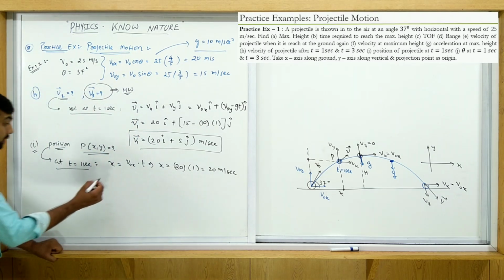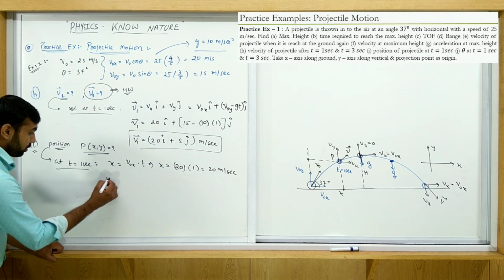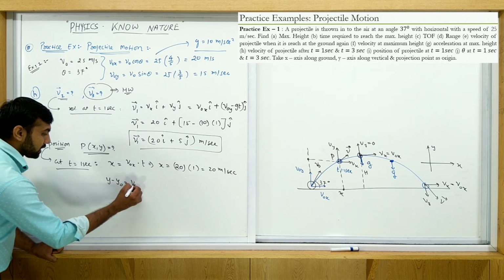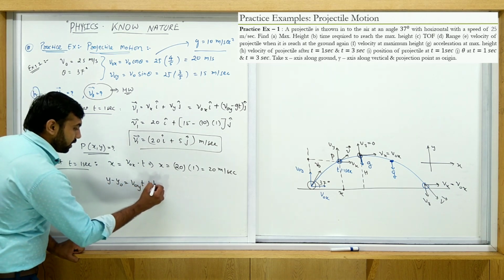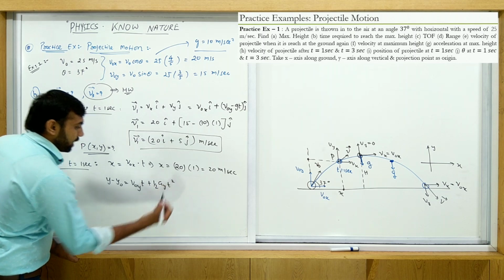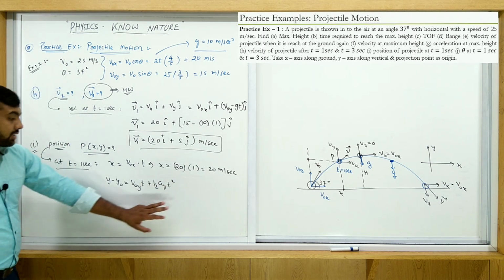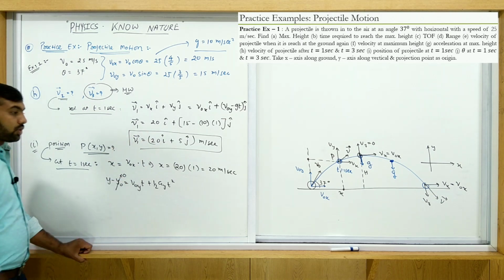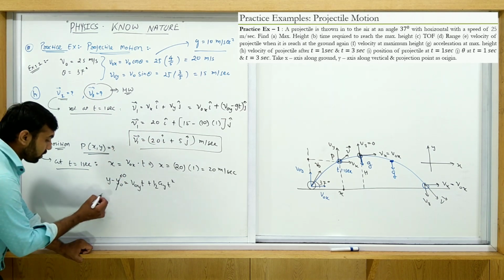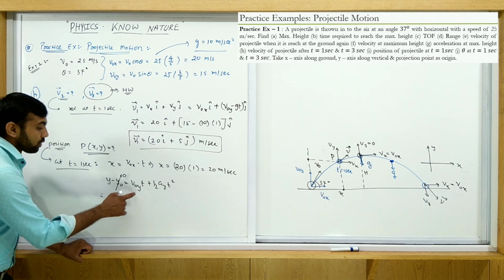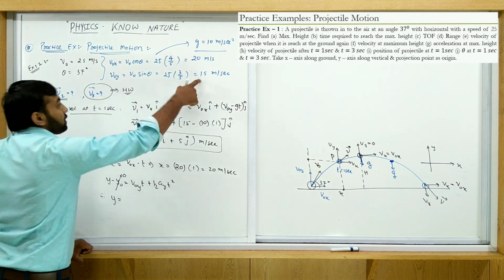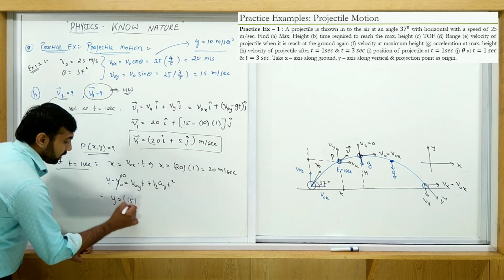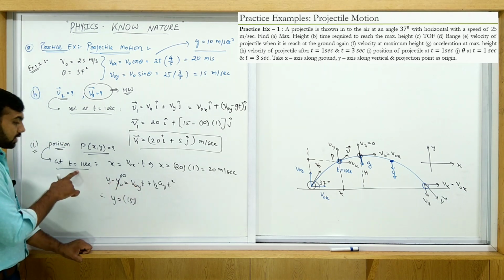Next one, y. y minus y naught is equal to v naught y t plus 1/2 a y t square. We use the constant acceleration equation along the y direction. y naught is 0, as we know. So y is equal to v naught y, which is 15, put 15 here. At what time? t equal to 1 second.